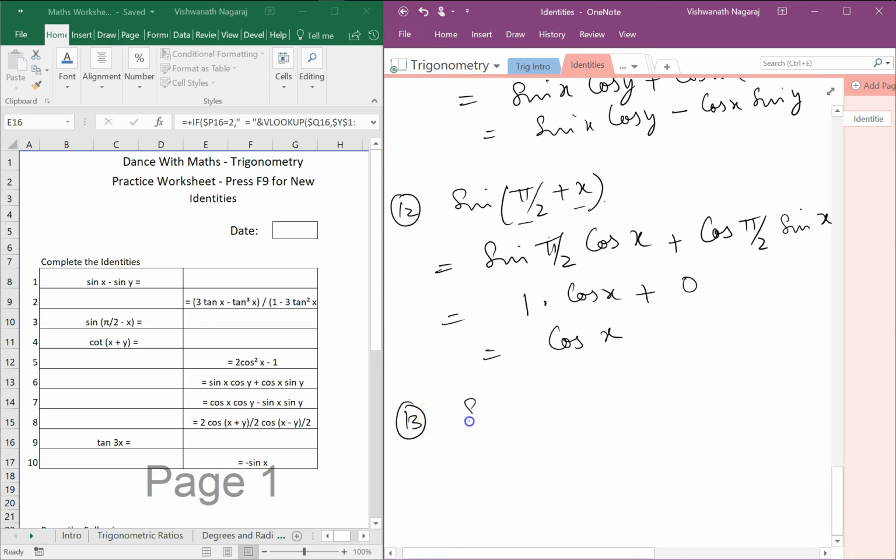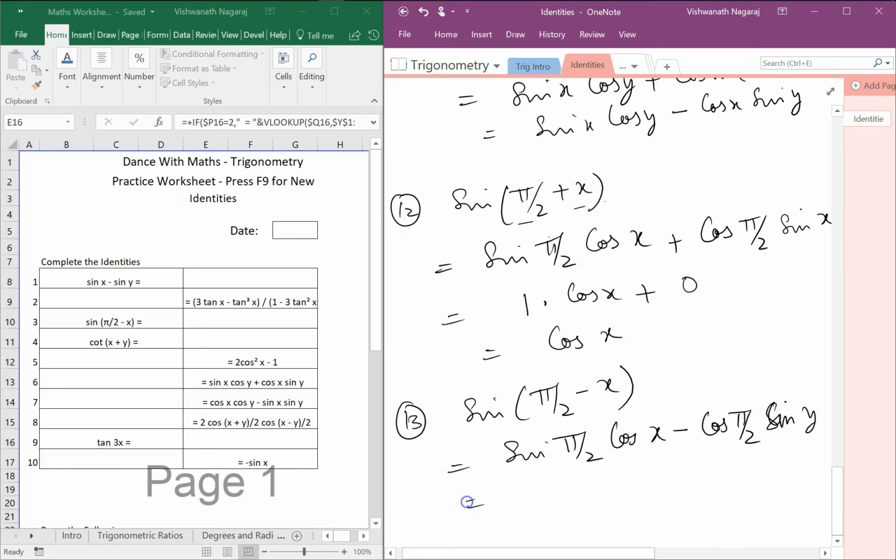Same way we can look at minus x. Sin pi by 2 minus x. So sin pi by 2 cos x minus cos pi by 2 sin x.